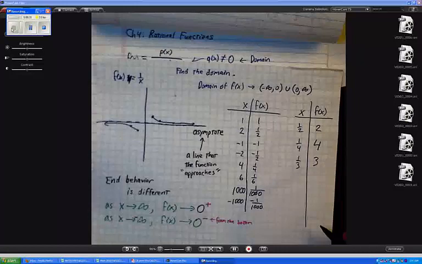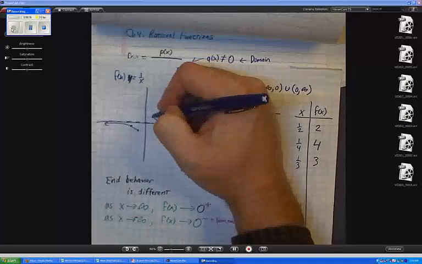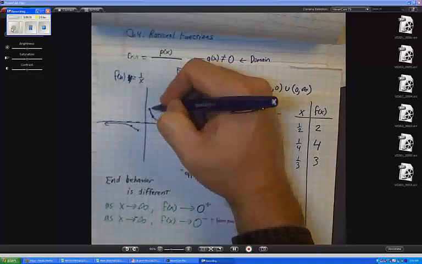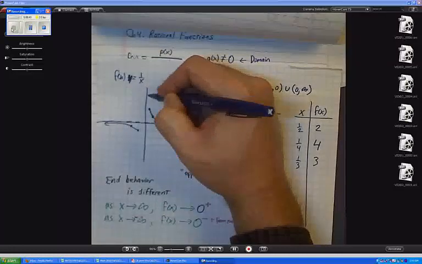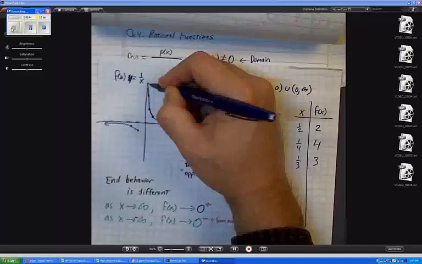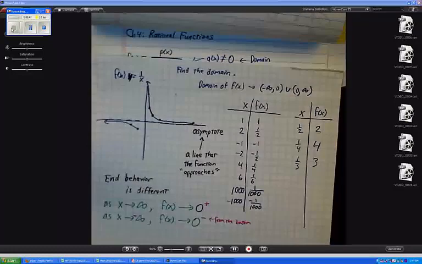What's that mean? It means that this curve goes through 2 comma 1/2. It goes through 4 comma 1/4, but then, do you know what that is? Well, remember, we know we're not allowed to put in what value? 0. But you know what we have at x equals 0?